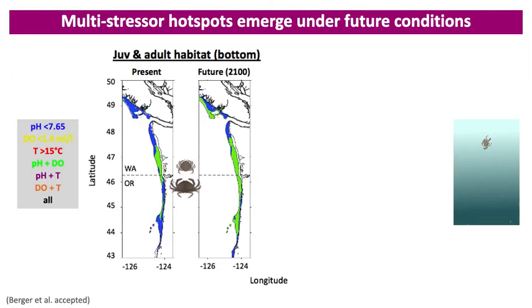We're also able to not only identify which life stages and which stressors are important for managers and tribal communities to consider, but also to identify the locations for multi-stressor hotspots to emerge, so locations where all three of these stressors overlap.